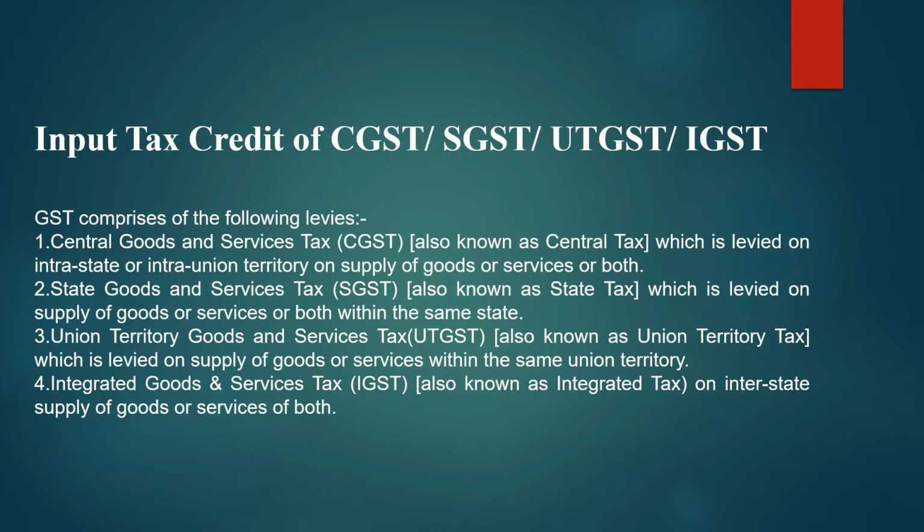State Goods and Services Tax, also known as State Tax, which is levied on the supply of goods or services or both within the same state, say, in Haryana between Ambala and Karnal. Then Union Territory Goods and Services Tax, also known as Union Territory Tax, which is levied on supply of goods or services within the same Union Territory. And Integrated Goods and Services Tax, also known as Integrated Tax, on interstate supply of goods or services or both, that is between Punjab and Haryana.